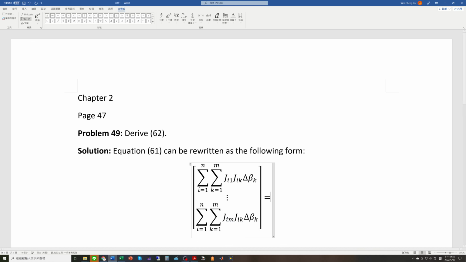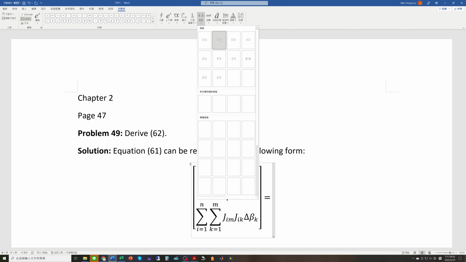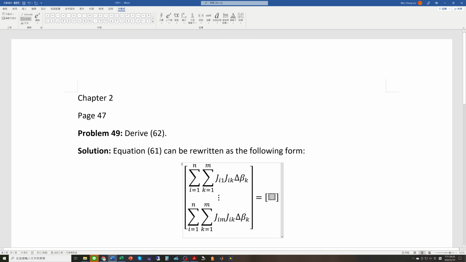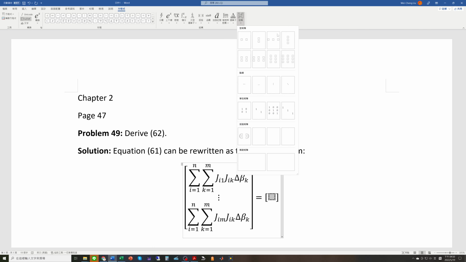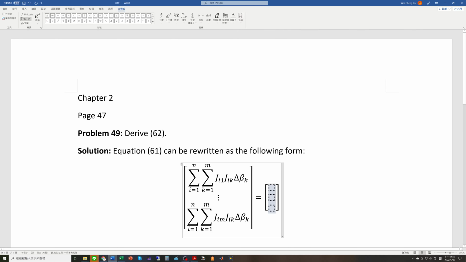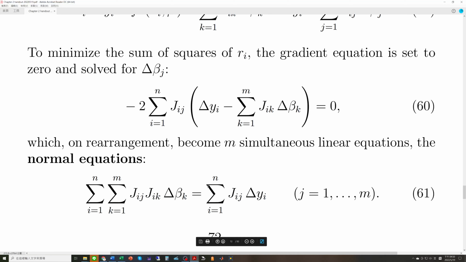Okay, so this vector is equal to another vector. Okay, so 3 boxes here. Okay, so on the right hand side of the equation should be summation i is equal to 1 to n, capital Jij delta yi, where j is equal to 1 to m.